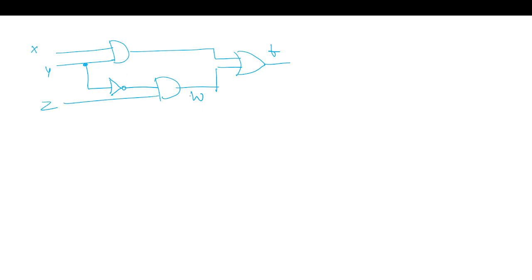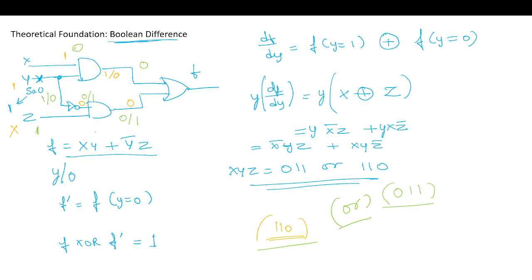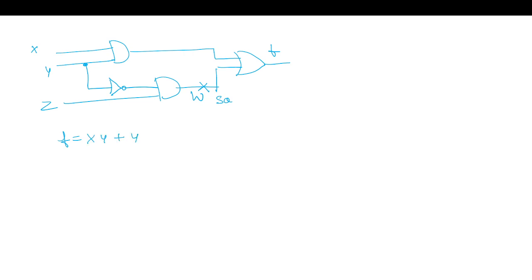Now let's consider the fault in the node W, stuck at 0 again. The expression we have already obtained, f is xy plus y bar z.